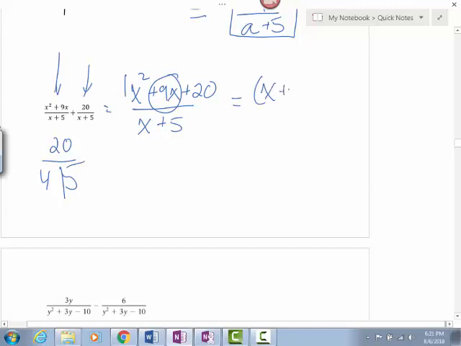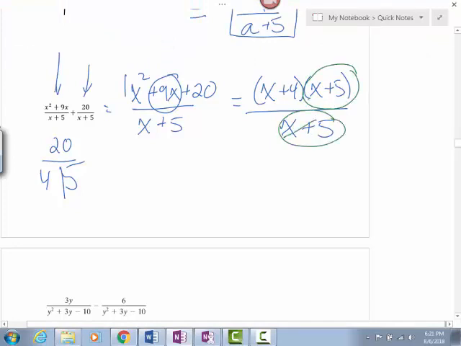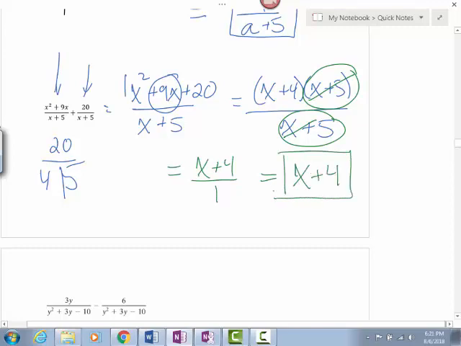So that'll leave me with an x plus 4 and an x plus 5. On the bottom, we already have an x plus 5. So I see that these two factors are the same. They'll cancel each other out. Again, we're left with x plus 4 over 1, which is the same thing as x plus 4.